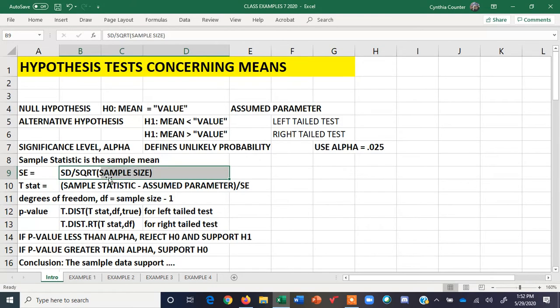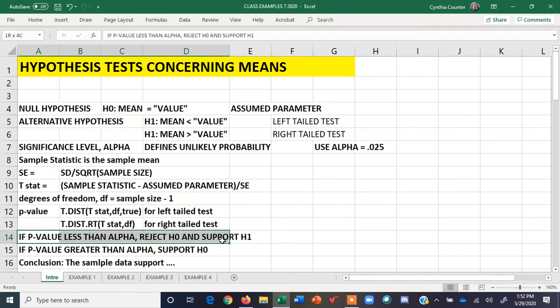Going back to the intro then, notice our t-stat we discussed: sample statistic minus assumed parameter divided by standard error, or sample mean minus value from the null hypothesis divided by standard error. Degrees of freedom, one less than the sample size, and we're doing a left-tail test, so we just need T.DIST, where the first input is the t-stat, the second input is the degrees of freedom, and the cumulative input is true.